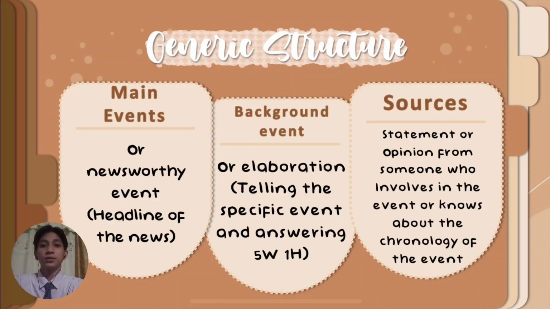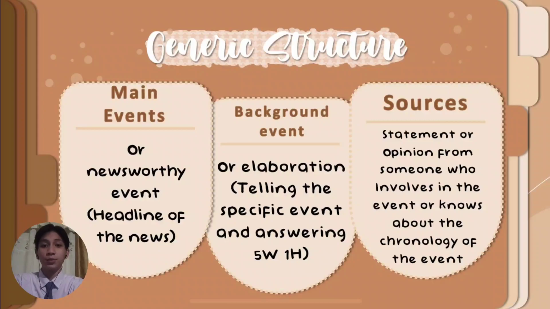The generic structure of news items. Main event, newsworthy event, headline of the news. When we read the newspaper or news on cell phones, of course we will see the title of a news, that is the main event. Background event, elaboration, telling the specific event and answering 5W1H.